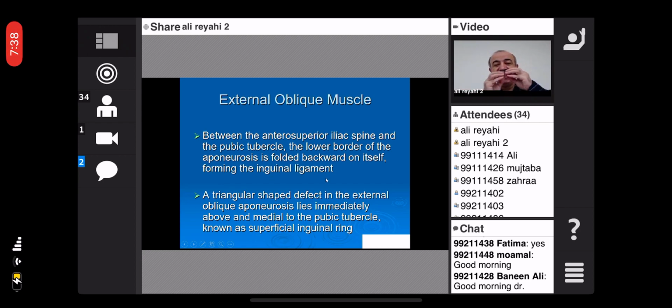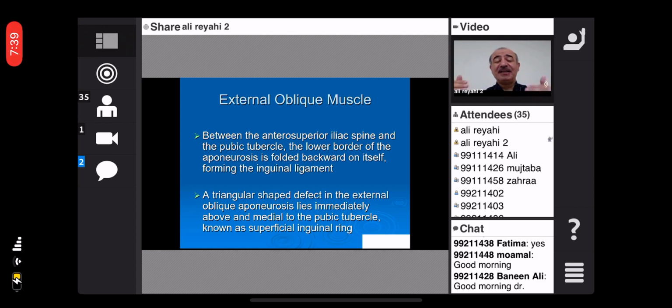So the inguinal ligament is a part of the aponeurosis running from the anterior superior iliac spine to the pubic tubercle. In the external oblique aponeurosis, an opening lies immediately above and medial to the pubic tubercle, known as the superficial inguinal ring.